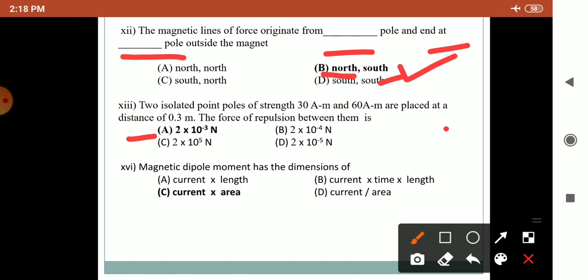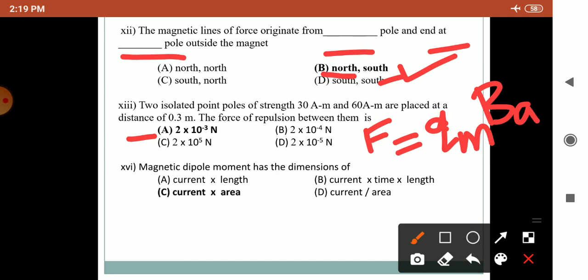The force of repulsion between them is, here we have the formula for force equal to magnetic pole strength Qm into magnetic field at axis. By putting the values, we get the force of repulsion between the two poles as 2 into 10 raised to minus 3 Newton.